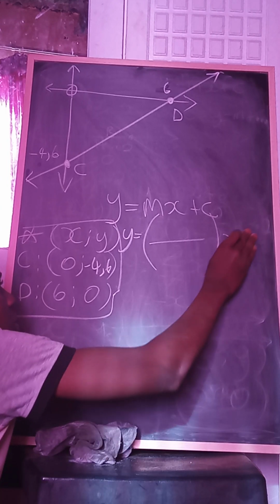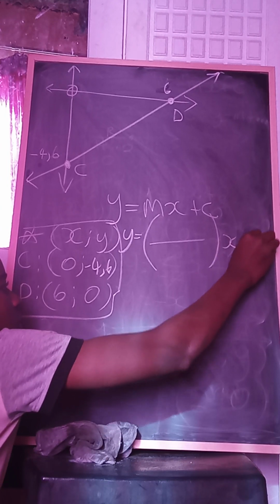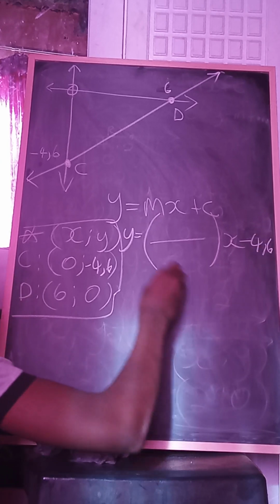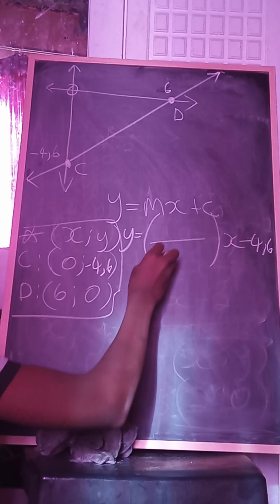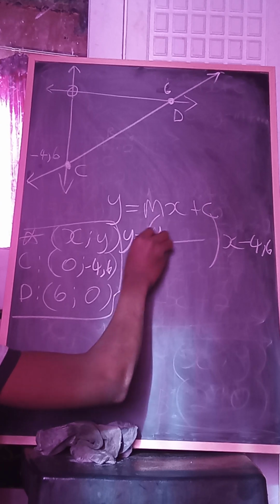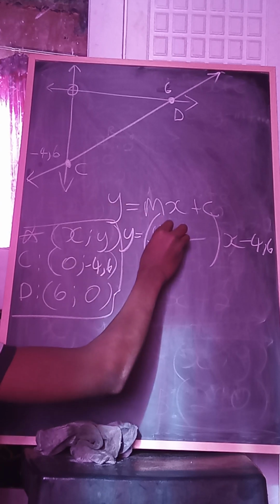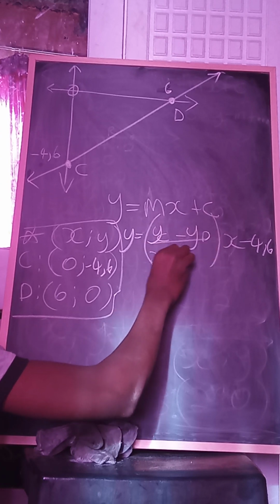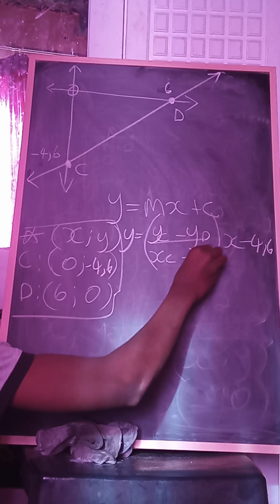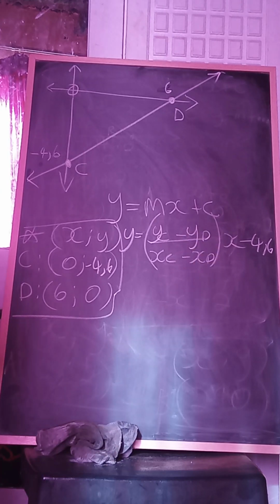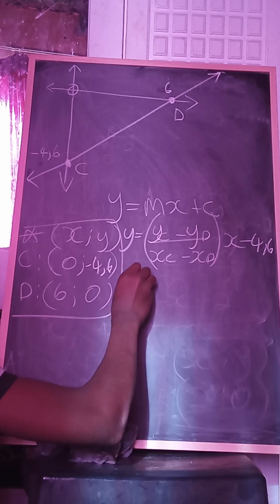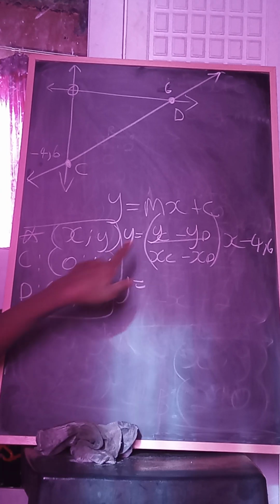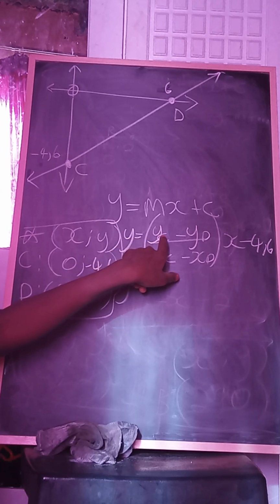So here it's going to be minus 4.6. Then you'll say y_C minus y_D over x_C minus x_D, right?